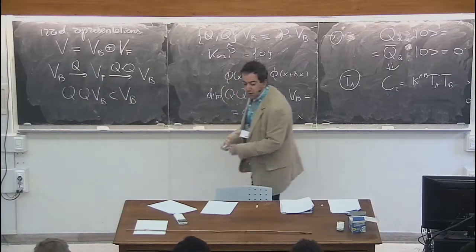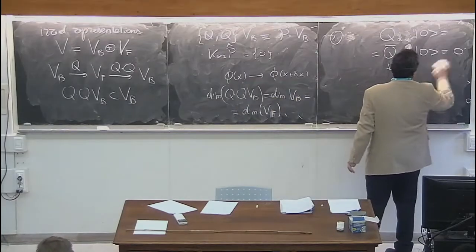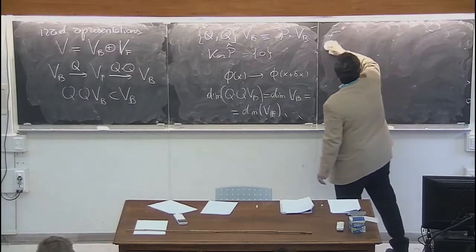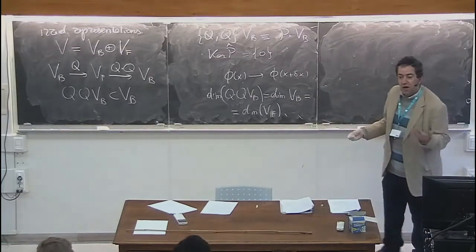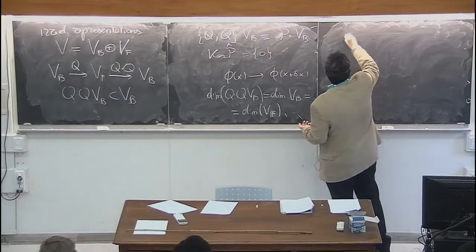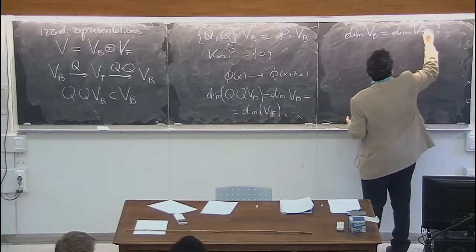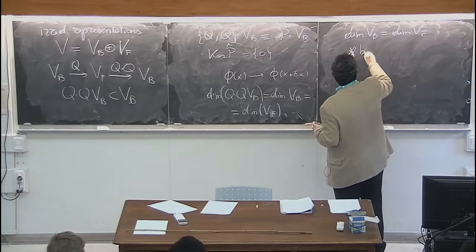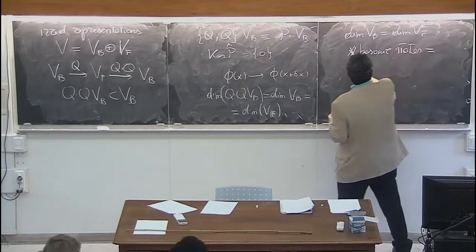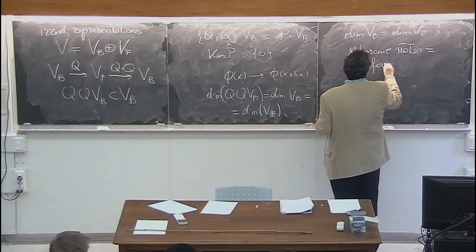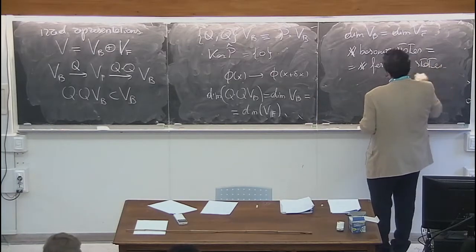So this implies that in a linear realization on fields of the super Poincaré group, dimension VB equals dimension VF. Number of bosonic states equals number of fermionic states. And this is important.